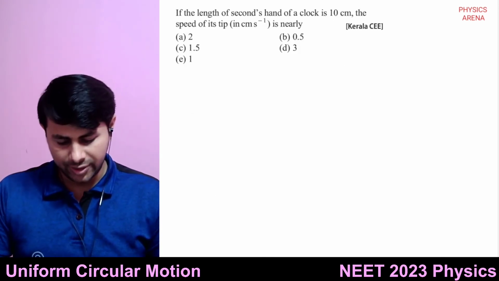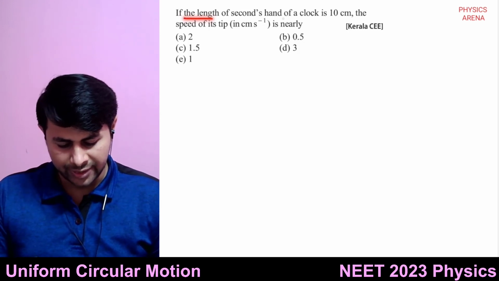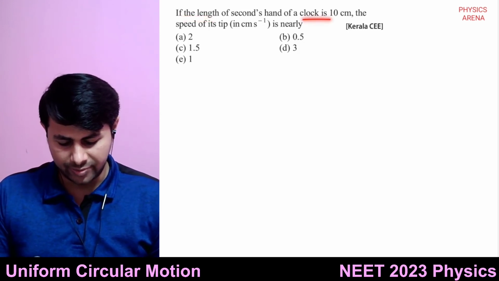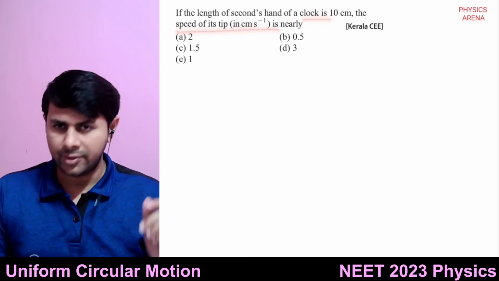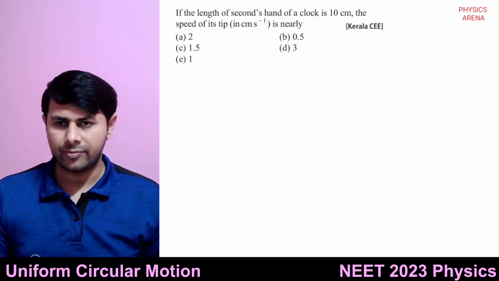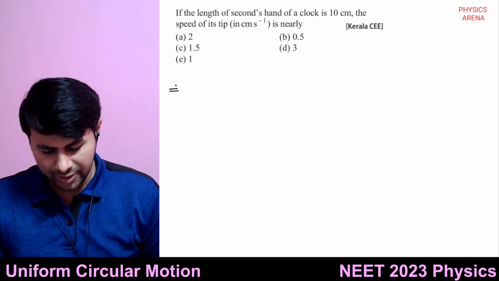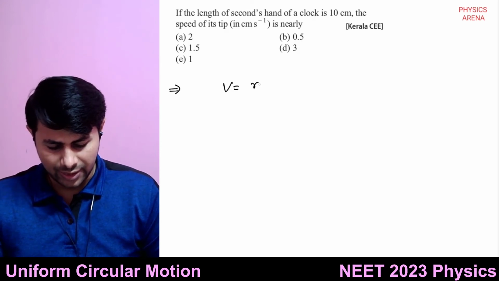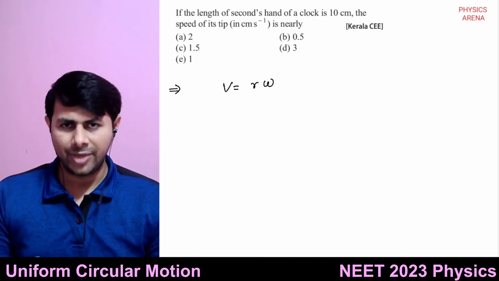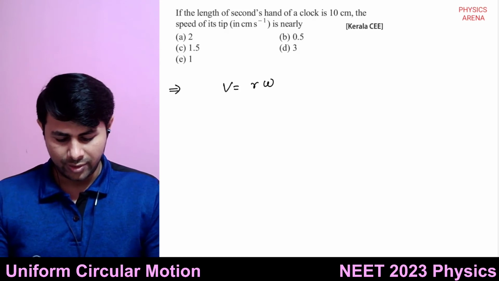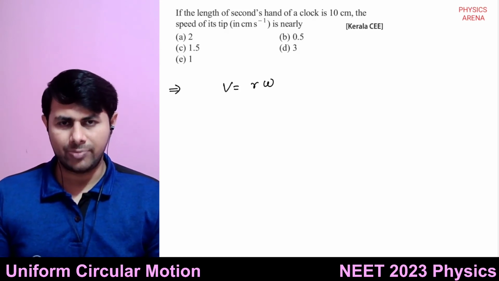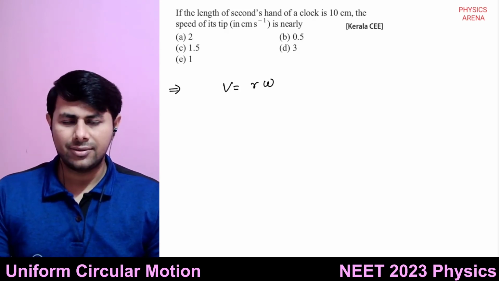See this next question. The length of the seconds hand of a clock is 10 centimeter. The speed of its tip is nearly. Simple, right? Speed is equal to what? V is equal to R times omega. What is omega? Angular speed of the seconds hand.